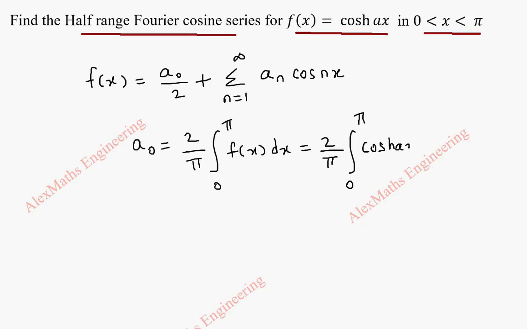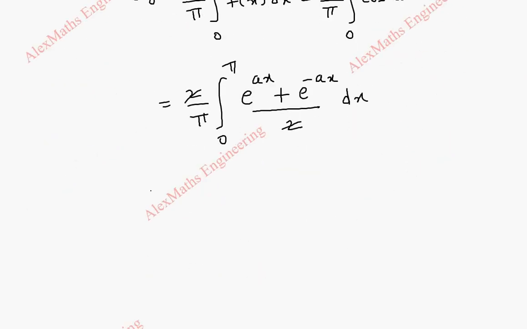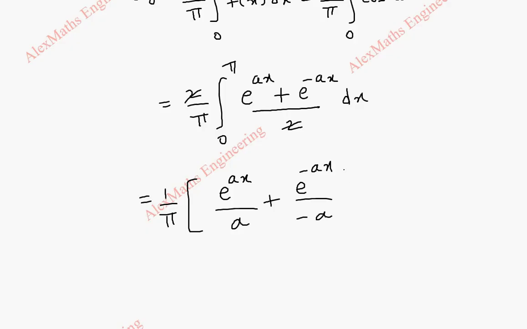We replace it with the formula, which is e power ax plus e power minus ax whole divided by 2. Now we can cancel this 2 and 2. Now we are left with 1 by pi. Integration of e power ax is e power ax by a plus e power minus ax by minus a. We have the limit from 0 to pi.